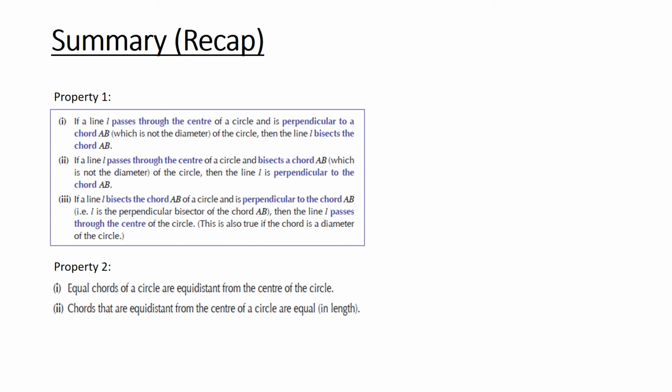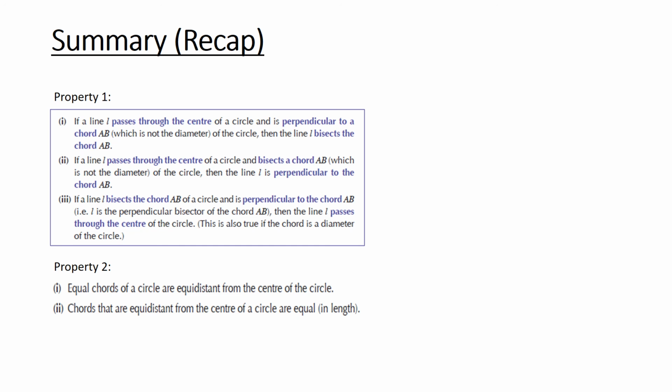Summary recap. We need to keep property 1 and property 2 in our mind to find out the unknown length. Property 1. If a straight line passes through the center of a circle and is perpendicular to the chord AB, then it will bisect the chord AB, that is, it will divide the line segment AB into two equal parts.